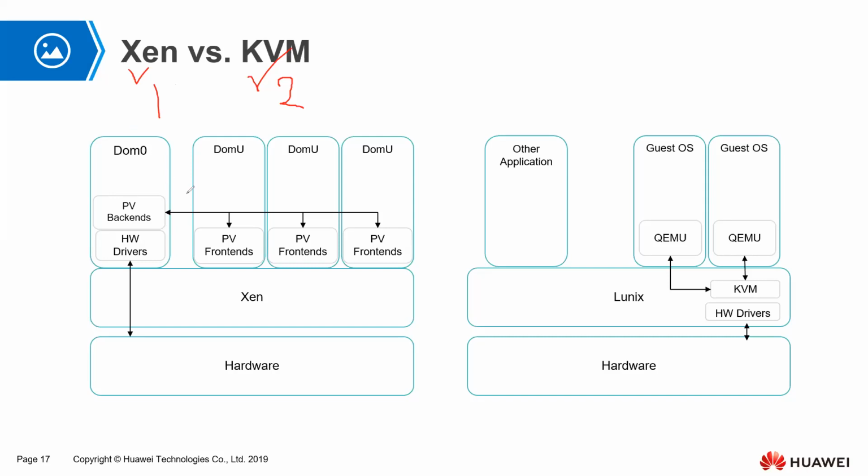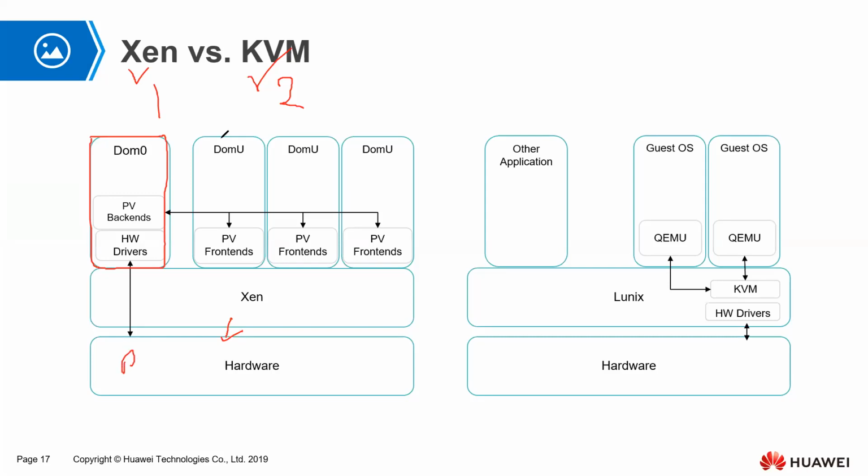So when it comes to Xen, you can see that it's already type 1. It is installed directly on top of our bare metal. But it has one privileged virtual machine, or backend, which we call Dom0. This one has all the privileges to call the hypervisor to access the hardware resources.